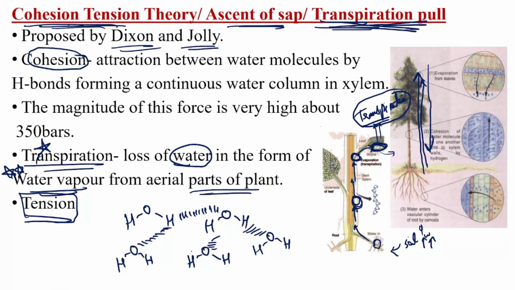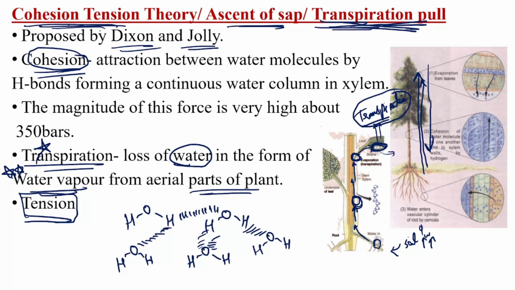That's because though hydrogen bonds are very weak, there are many hydrogen bonds. As a result, they form a strong force. One hydrogen bond is very weak, but there are thousands and millions of such hydrogen bonds inside. As a result, it can withstand the gravitational force. And this cohesion helps in maintaining a continuous water column in the xylem ducts of the plant.